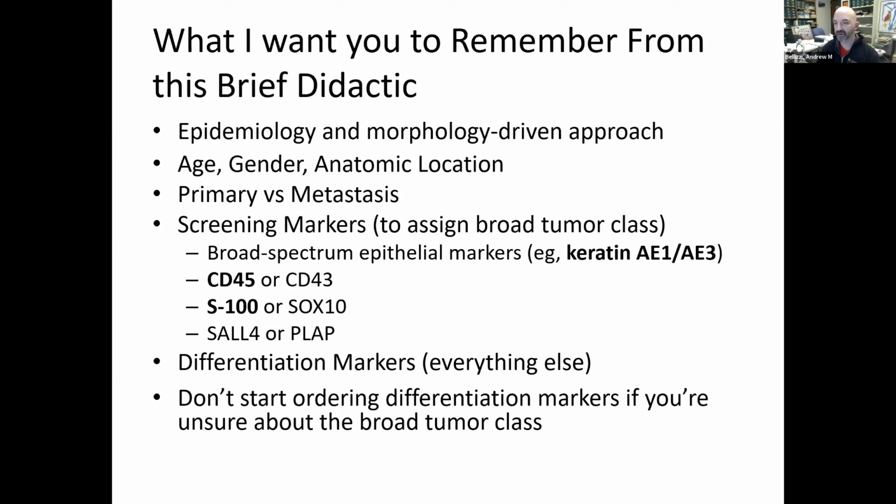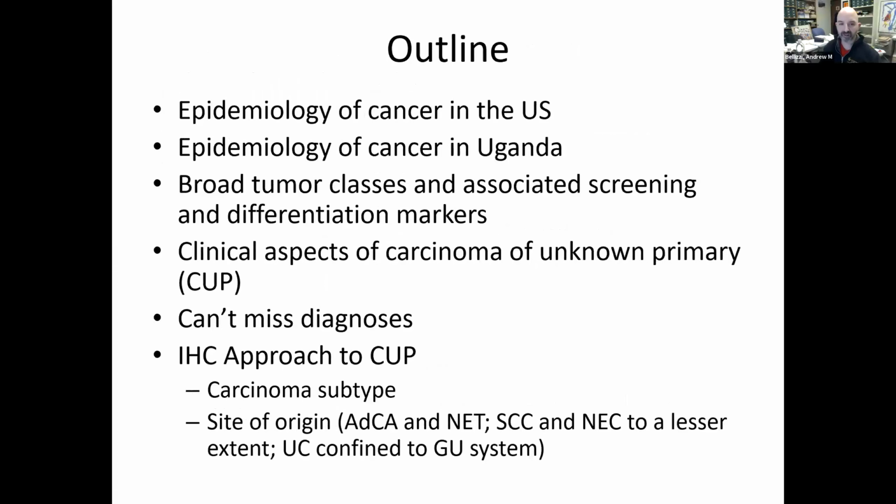Everything else is a differentiation marker. And if you're uncertain as to whether it's carcinoma, sarcoma, lymphoma, melanoma, I would just start with these 3 or 4, keratin, CD45, SOX10 or S100, perhaps a SALL4, before launching into a long panel of immunohistochemical markers.